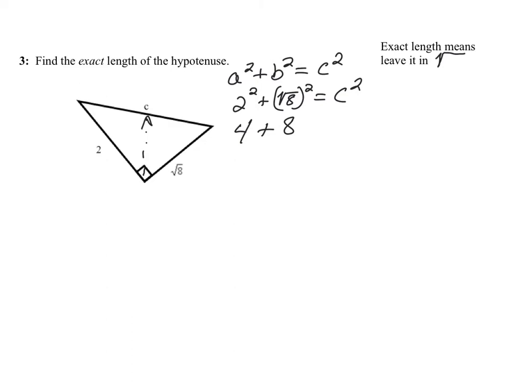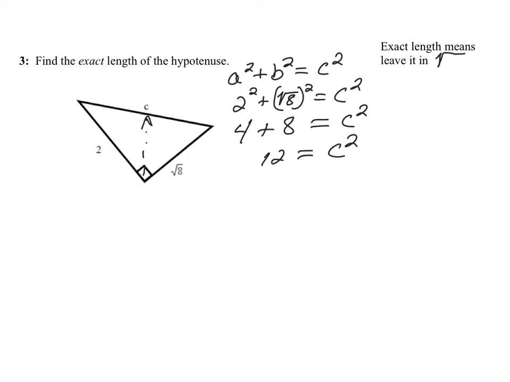When you square a square root, you get just the number that's inside of there. Basically, the squaring cancels out the square root symbol, and we are left with the number that's inside. So we have 4 plus 8, which is 12.